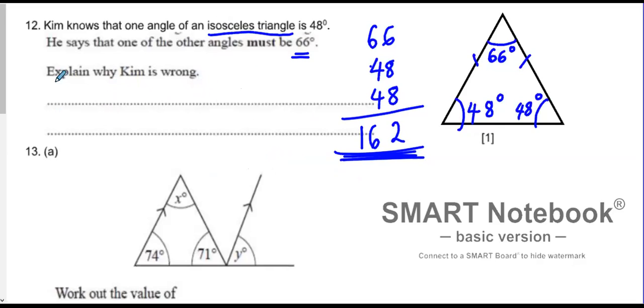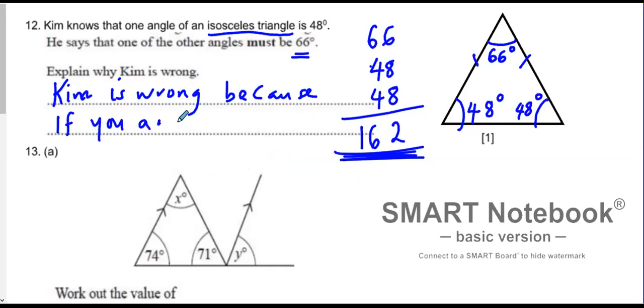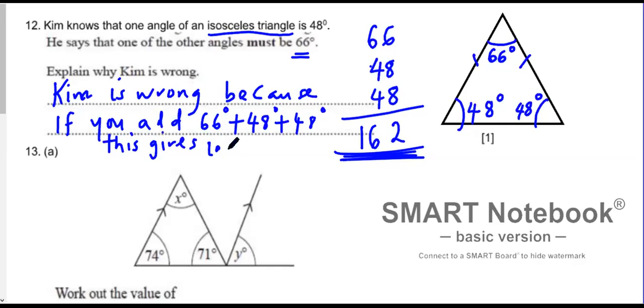Kim is wrong because if you add 66 plus 48 plus 48, that gives you less than 180 degrees.